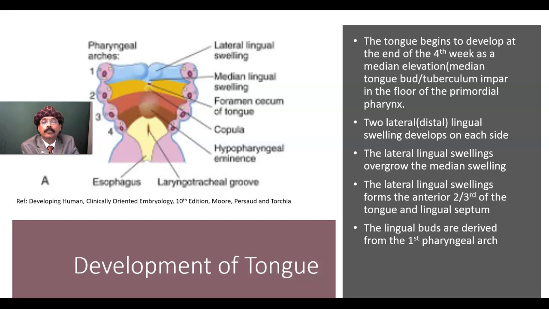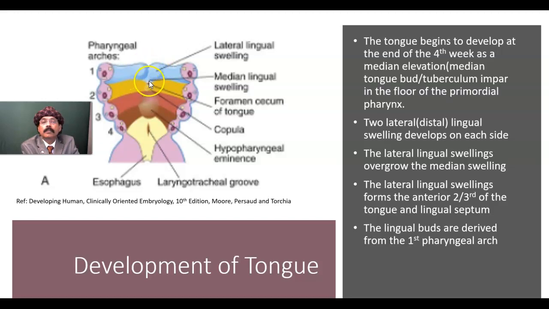So these two lateral lingual swellings form about the anterior two-thirds of the tongue. All of them are derivatives of the first arch. This is the first arch. All of them are coming from the first arch.